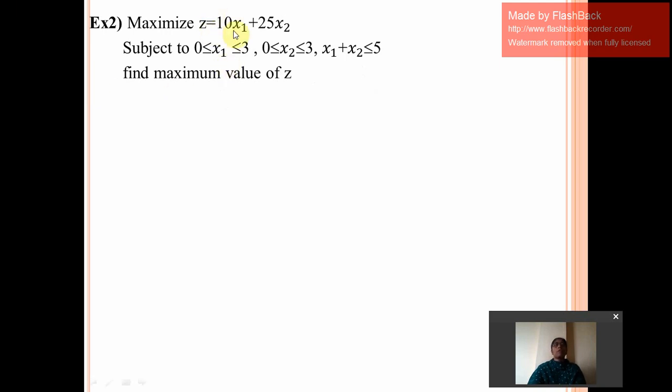Z is equal to 10x1 plus 25x2 is the objective function. First constraint, 0 less than or equal to x1 less than or equal to 3, that is x1 less than or equal to 3, x1 greater than or equal to 0. Second constraint, x2 less than or equal to 3, x2 greater than or equal to 0. And third constraint, x1 plus x2 less than or equal to 5.